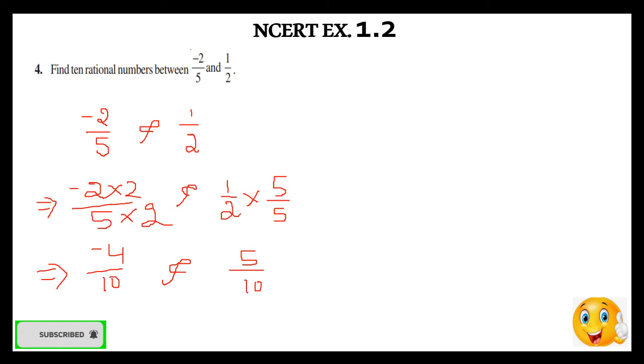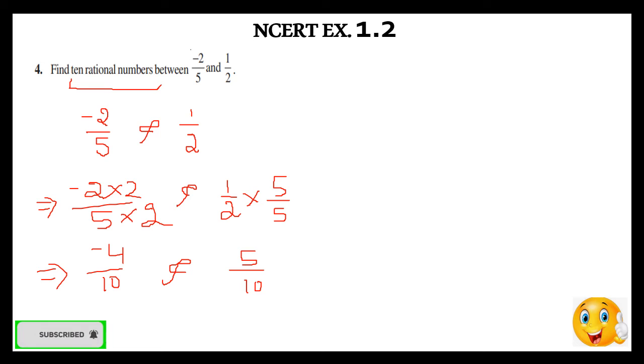So we are supposed to find 10 rational numbers between these two, and we see that we can have -3 by 10, -2 by 10, -1 by 10, then 0 by 10, or 0, 1 by 10. These are the numbers.